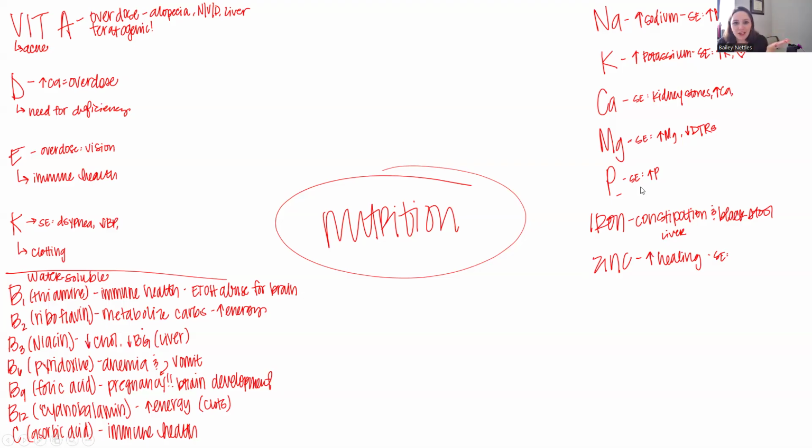Phosphorus, increased mag. Straightforward, okay? Iron we use it for replacement of iron if you're anemic. Constipation, black stools, and if you take too much, it will hurt your liver, okay? And then zinc we use for increased healing. It's really all we use it for.